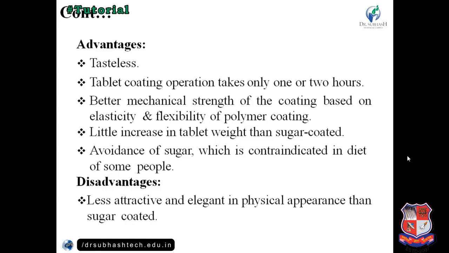Little increase in tablet weight compared to sugar coated. Avoidance of sugar, which is contraindicated in the diet of some people, particularly diabetic patients, who prefer film coated rather than sugar coated tablets. Disadvantages of film coated tablets: less attractive and elegant in physical appearance than sugar coated tablets.